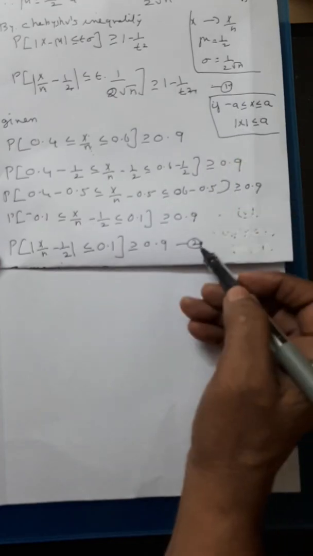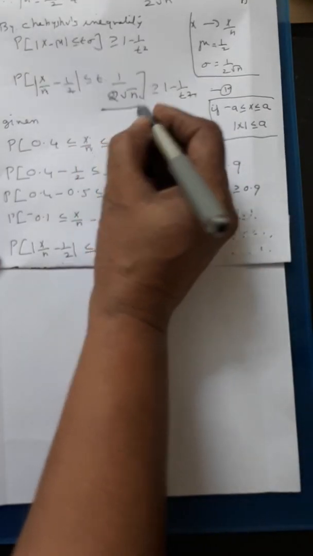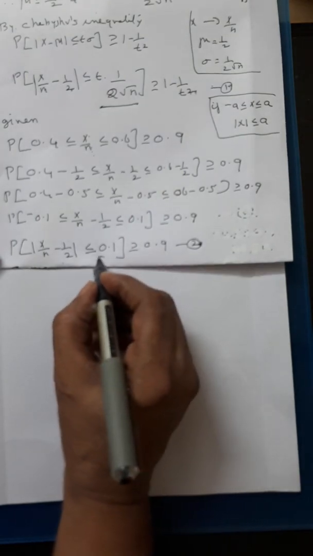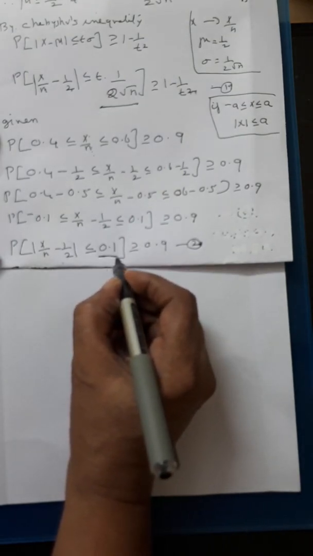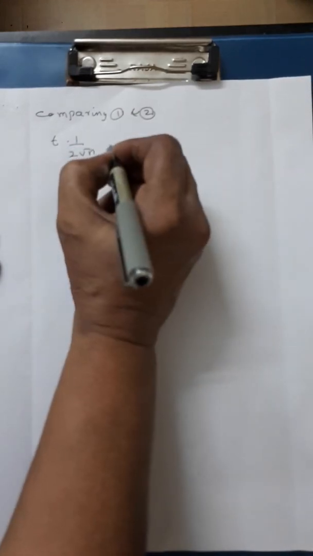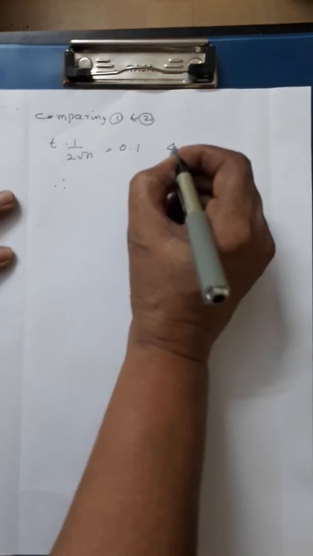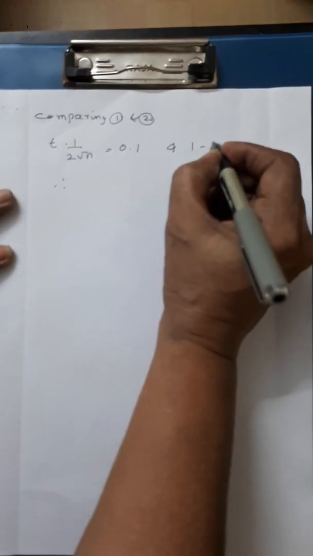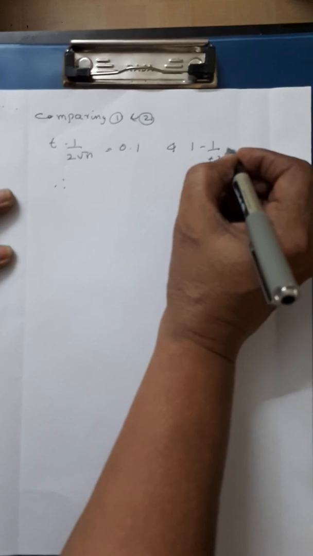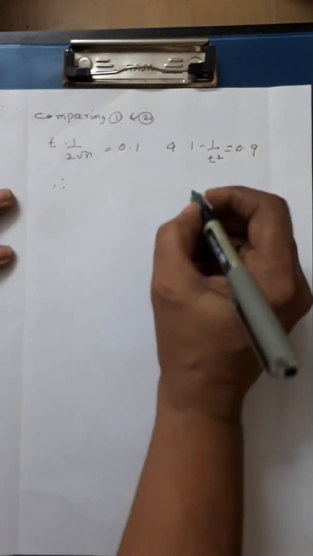Comparing 1 and 2, we can write t into 1 by 2 root n is equal to 0.1, and 1 minus 1 by t square is equal to 0.9.